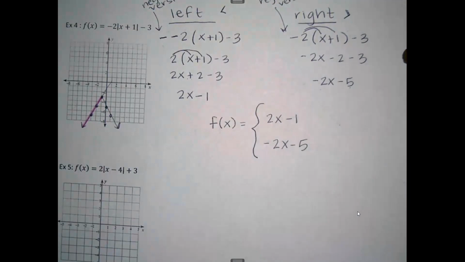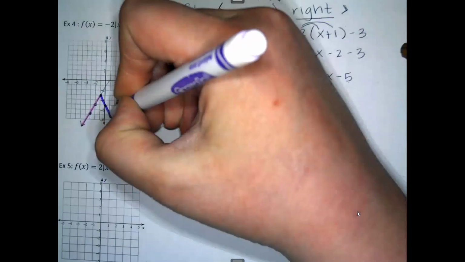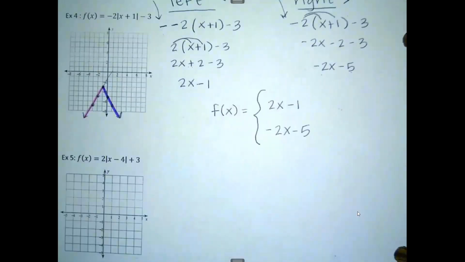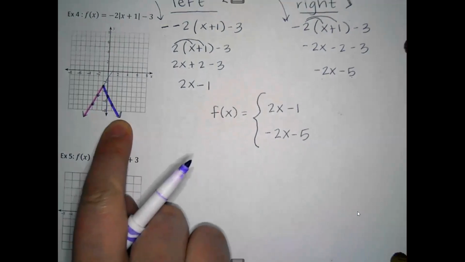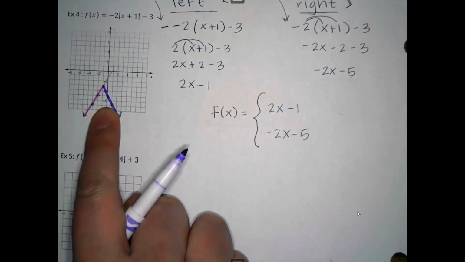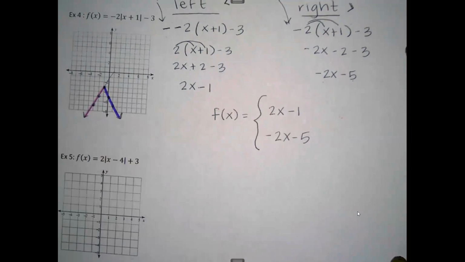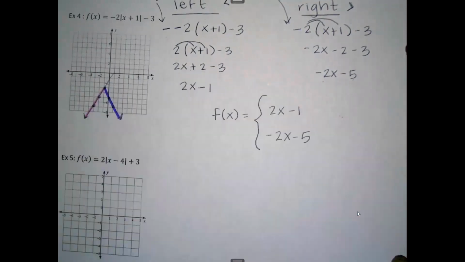Does the right side of the graph have a slope of -2? Does the right side of the graph have a y-intercept of -5? Okay. Now, can you tell the number that splits the graph in half from left and right?